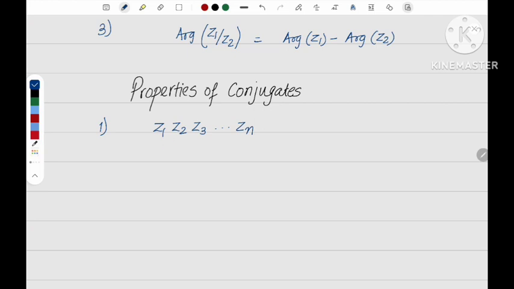So if I multiply n complex numbers and take the conjugate of them, then I will get multiplication of their respective conjugates. This is the property, very useful, and it will be very frequently used to solve the problems.